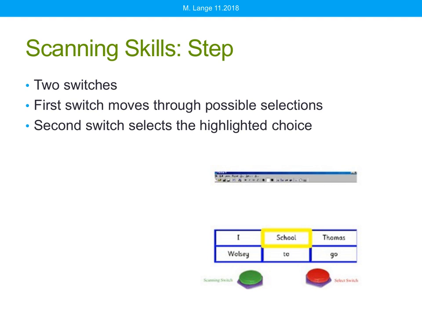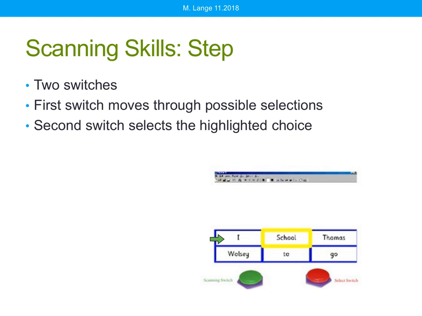But some of our clients are going to use step scanning, and this requires two switches. The first switch moves through the possible solutions, and the second switch selects the highlighted choice. So let me get my little pointer here. Let's say this is our first switch.